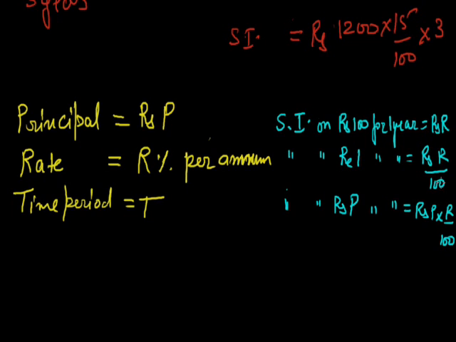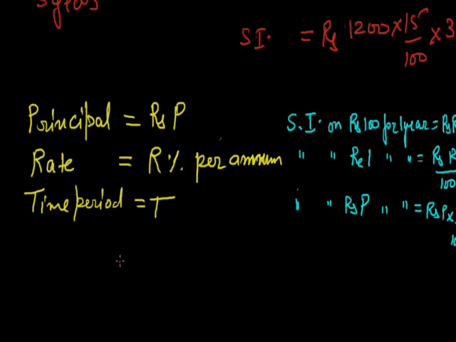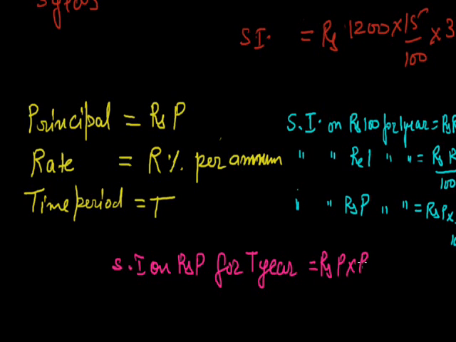Since for 1 rupee it was R/100, then for P rupees what will we do? Cross multiply: P into R/100. Now we have to calculate it for T years. So we can write the SI on rupees P for T years will be equal to rupees P into R/100 into T, since it was the money paid for 1 year, and T is the time period.